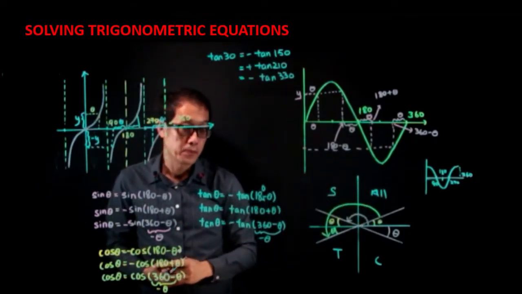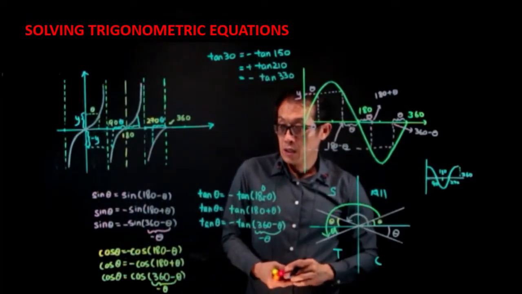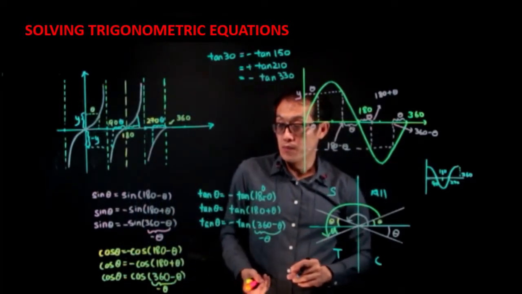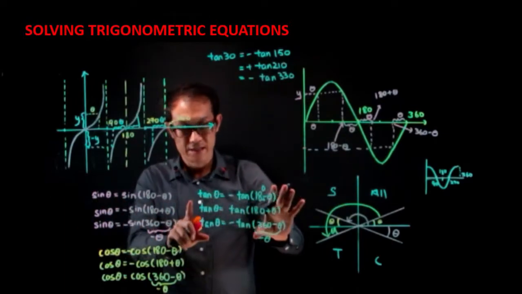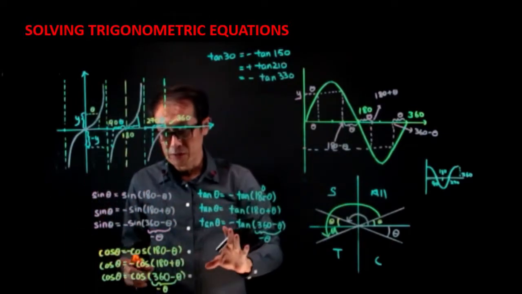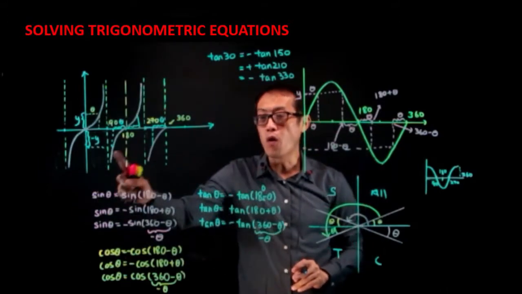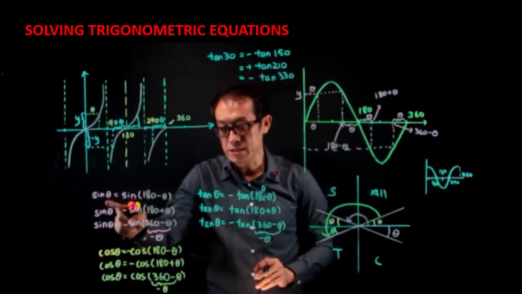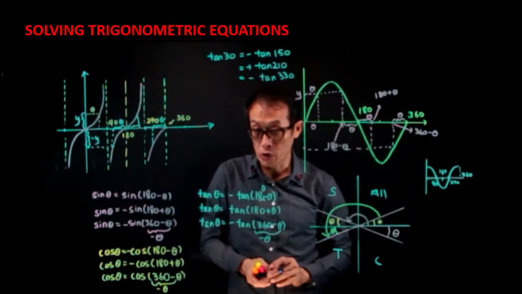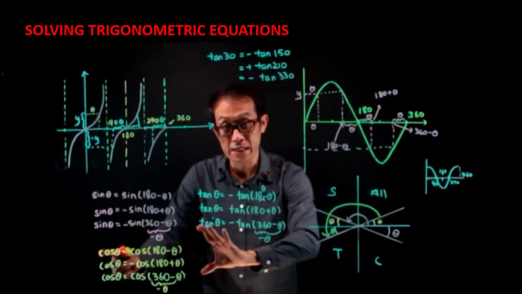Now I will teach you how to remember this. This is true for all angles. It's not necessary that theta has to be acute. This is an identity.